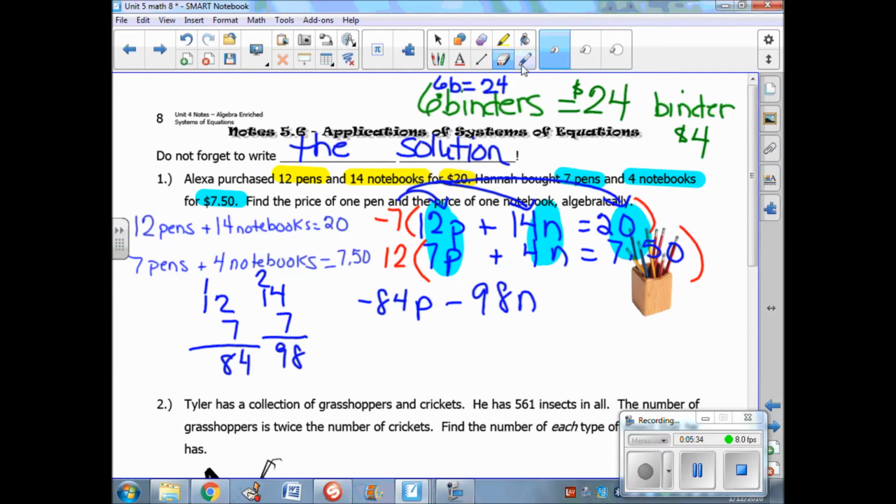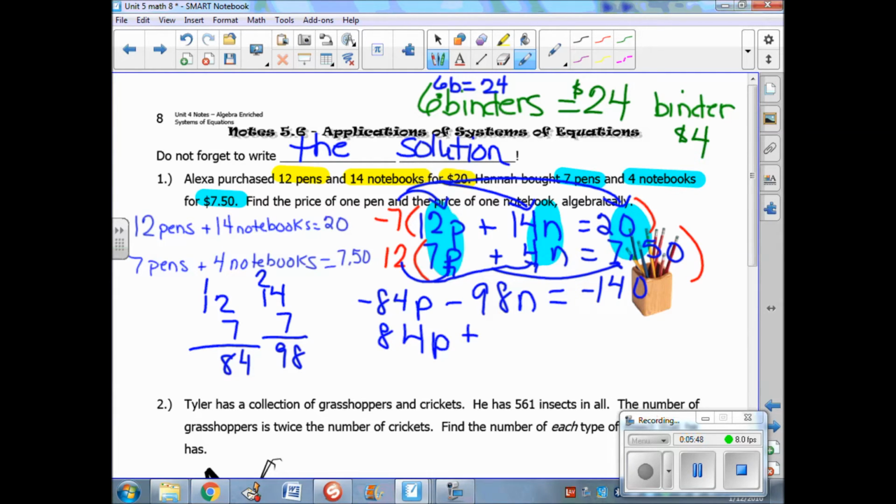Now let's distribute on the bottom. We get 84p plus 48n equals, I'm going to pause on 7.50 times 12. Grab your calculator if you haven't already. When I did 12 times 7.50, let me do that one more time. There we go, 90.